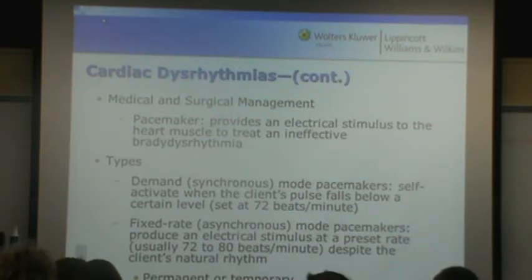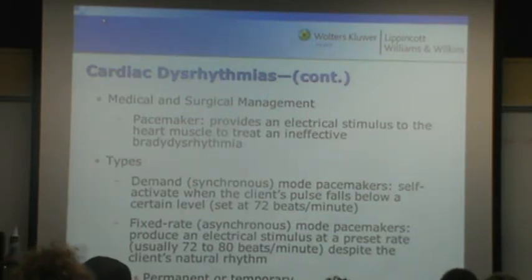And there are different types of pacemakers, and that's one of the things that we're talking about. You have demand pacemakers, and then you have a fixed rate pacemaker. But basically, when we talk about pacemakers, we're talking about replacing the SA node, right? Because the SA node is the normal pacemaker of the heart.